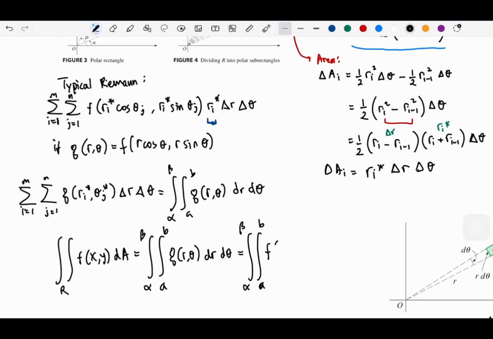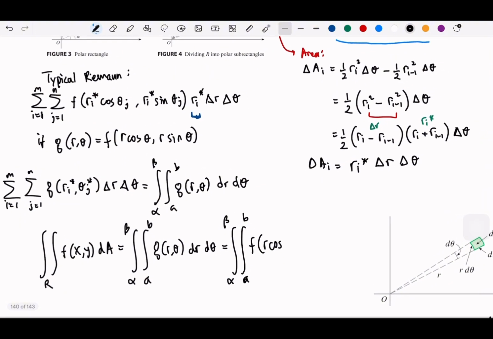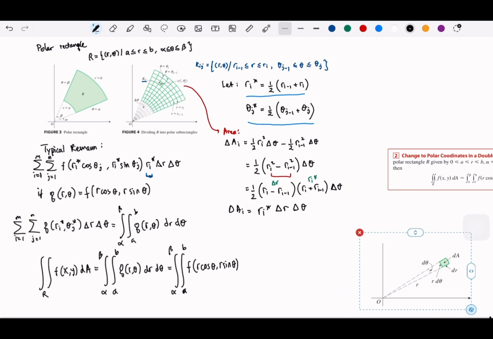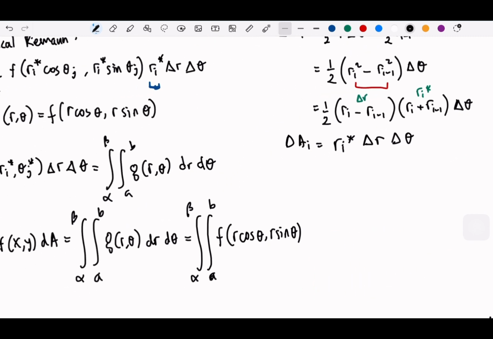This is f, and change the components into polar. But when you have the structure of f, don't forget, it's not only dr d theta, this will have r dr d theta. Okay, so there will be an additional r here.